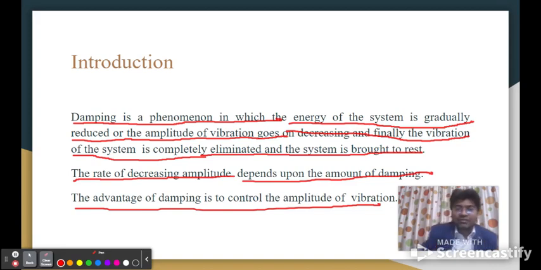So damping is a very critical phenomenon, and a structure mainly depends upon the damping. Due to this damping only, our dynamic load can be dispersed or controlled.